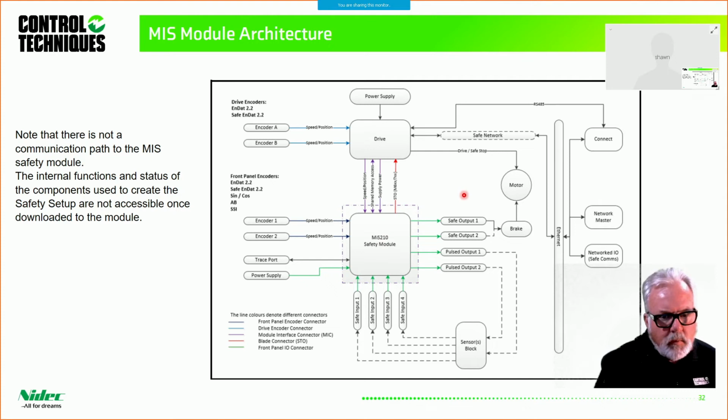But when you put it into run mode, you're going to want to monitor these safe inputs and outputs. I'll show you a method of how you can do that tomorrow. As for the architecture, the other thing I would point out is it's pretty common to have some sort of external controller involved in these kinds of applications, whether it's a safety PLC or an EtherCAT PLC, to do the sequencing, depending on what your application is.